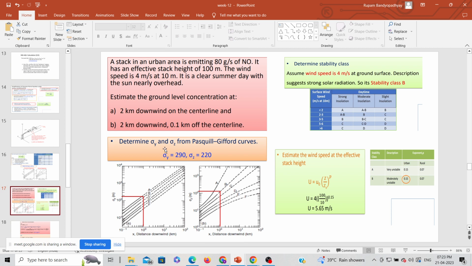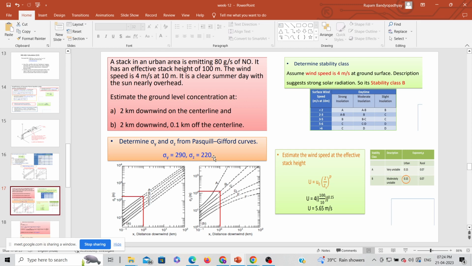Then you have to determine the sigma y and sigma z values from this chart. The x distance is 2 kilometer, and using this chart with stability condition B, you can find out the sigma y and sigma z values.